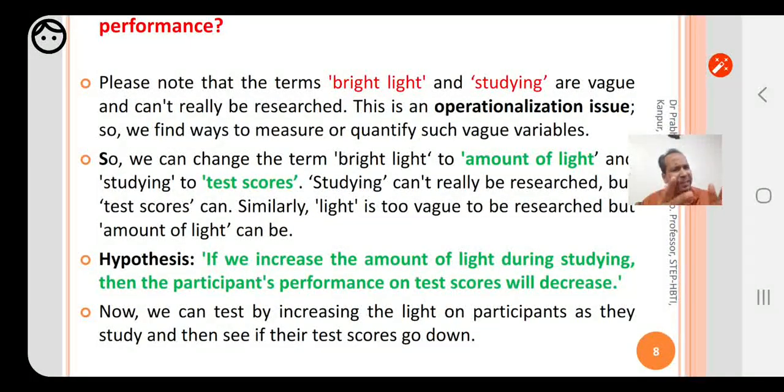Now we can test very well the effect of the amount of light on the test scores. Both are measurable terms. So the hypothesis is, if we increase the amount of light during studying, then the participants' performance on test scores will decrease.